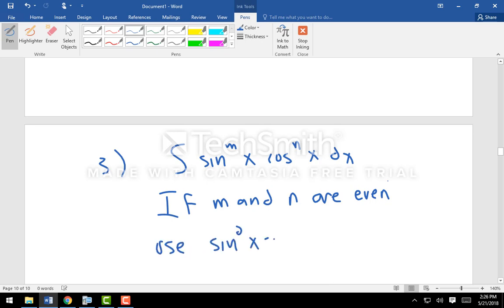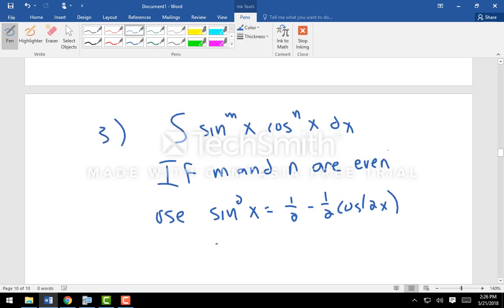Sine squared of x will be 1/2 minus 1/2 cosine 2x, and then cosine squared of x equals 1/2 plus 1/2 cosine 2x.